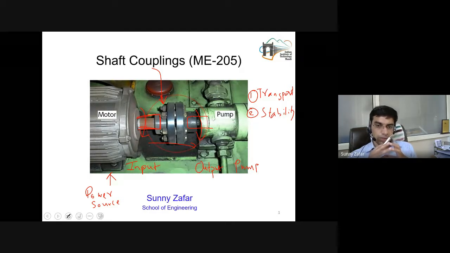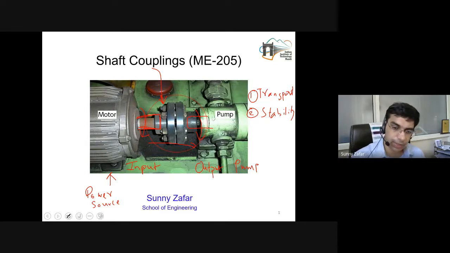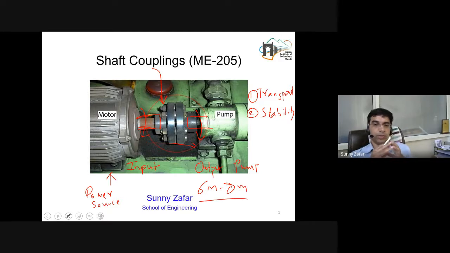So all in all, what we have understood is that the idea of shaft coupling is to couple two shafts for transmission of power. Generally, a shaft length of 6 to 8 meters is the point after which couplings are used. We don't go beyond this length, because if it is a very long shaft, while it is rotating there will be eccentricity which will cause a lot of vibration and wear.